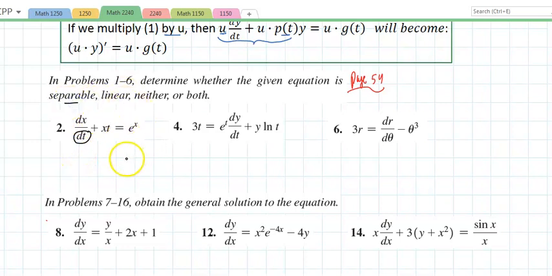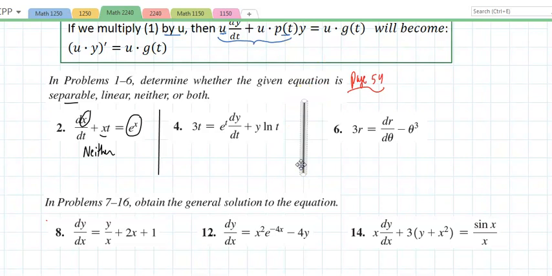Is it linear? With respect to t, I have dx/dt, I have x. That's the dependent variable x, the derivative of x, x, and e to the x, so that's going to be neither. It's not separable and it's not linear, so I can't use this trick on it. I have to use something else.